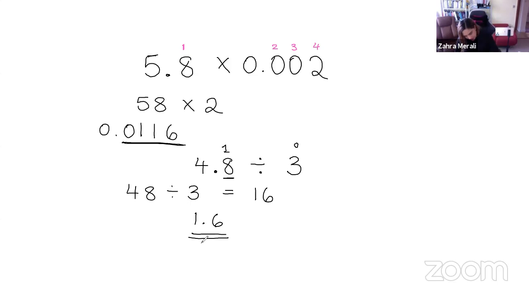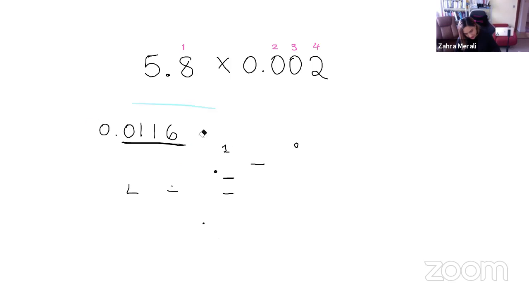So if I take this same question that we just did, but instead of timesing, I'm going to divide, and we're going to see what we get. So we're going to change this into a divide sign. So we've got 5.8 divided by 0.002.